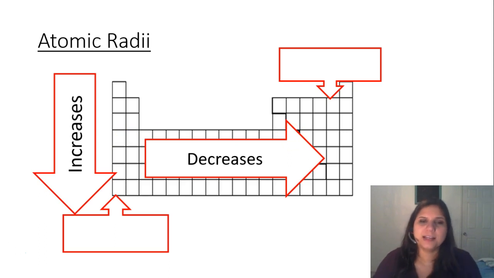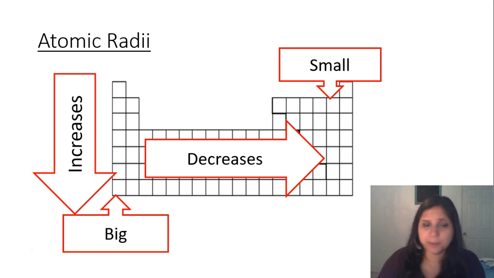Well, the reason for that is the nuclear strength of that element is getting stronger and stronger as it adds more and more protons. So it becomes a stronger magnet to pull in those electrons. So the size of that atom decreases. What we end up with overall is very small atoms in the top right-hand corner of the periodic table and very big atoms on the bottom left-hand corner of the periodic table.